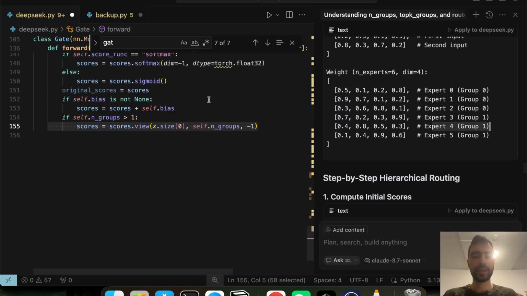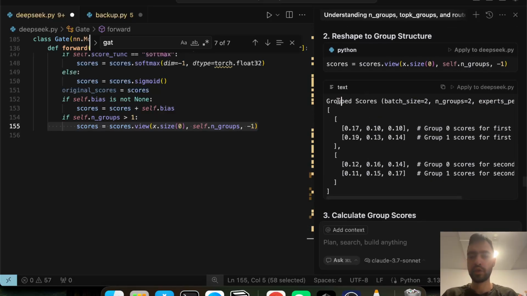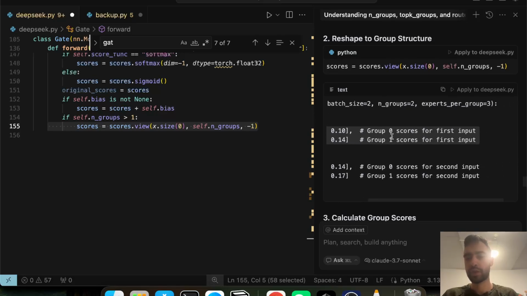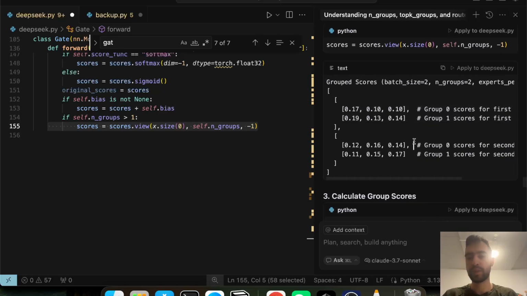So then what this line will do is group the scores like this. So make a group here. Group 0 scores for the first input, group 1 scores for the first input, and group 0 scores for the second input. So for each input token, we would have for each group the scores.